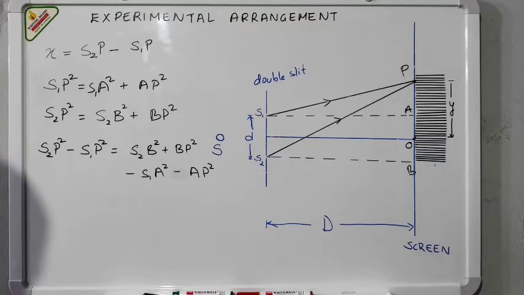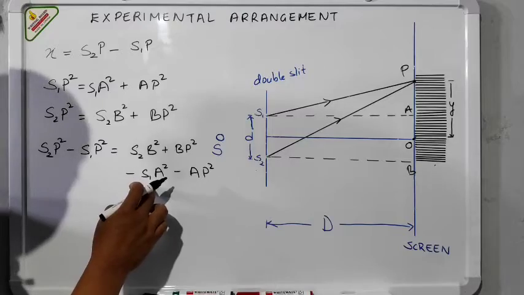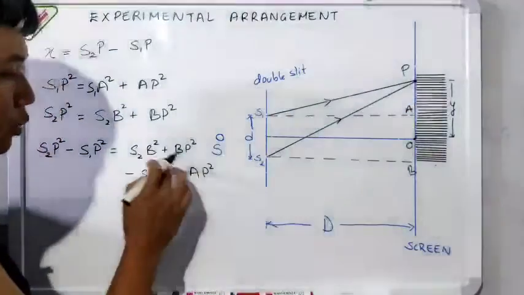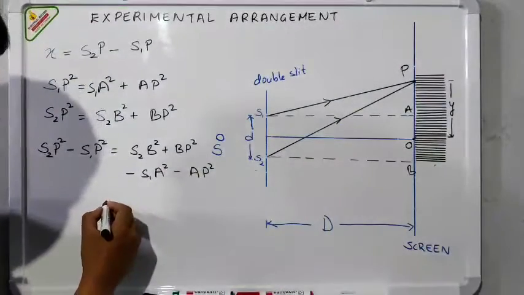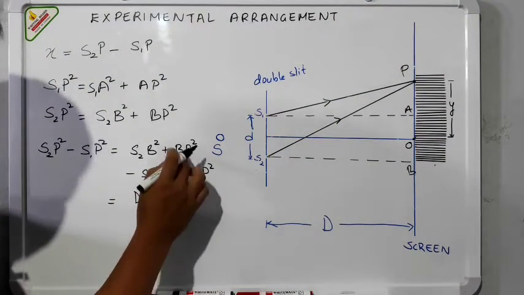Then what is S2B? S1A is D, and S2B is also D. So we have D square plus BP square.